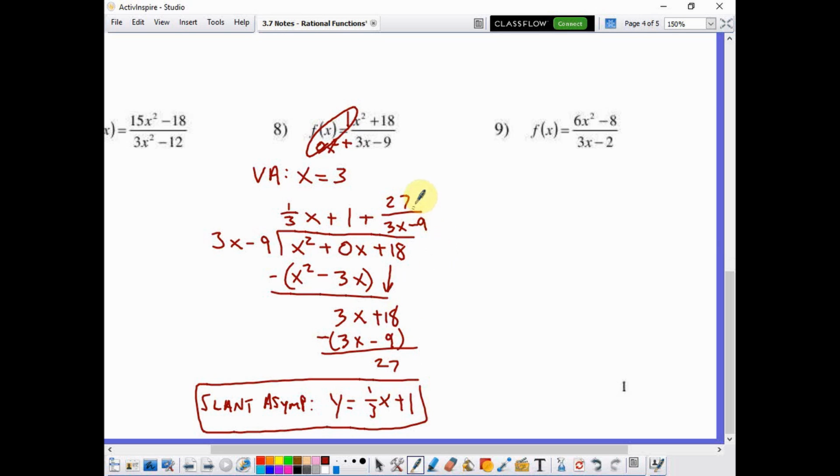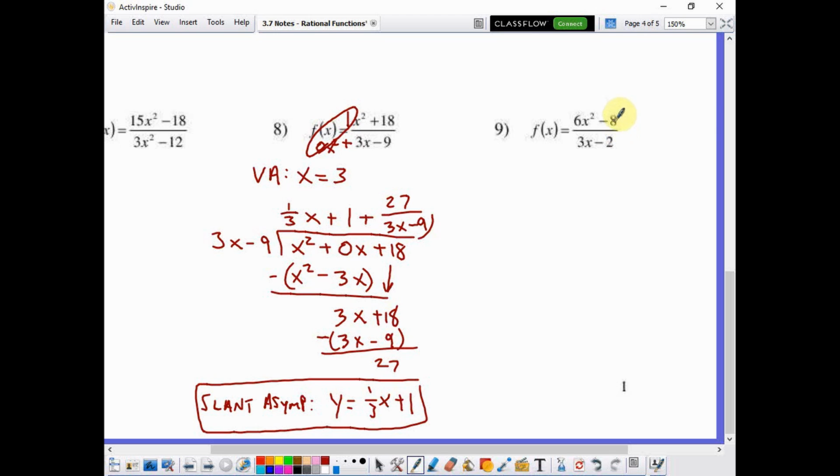And the reason is that it makes no difference in the line, because on the end behavior, as our x value approaches infinity and negative infinity, this denominator gets infinitely large, which means that this fraction here ends up approaching 0. So as we go out toward our end behavior, this remainder approaches 0, which means it does not make a difference in our line. So our slant asymptote is 1/3 x plus 1.